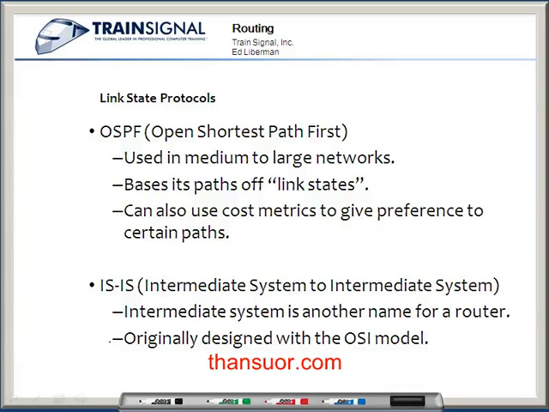Aha, that makes sense since we're talking about routing protocols. But anyway, I will tell you that IS-IS, you don't see it used too heavily out there. It was originally designed with the OSI model. It was designed by the International Standards Organization as part of the OSI model creation, as one of the original network layer routing protocols.